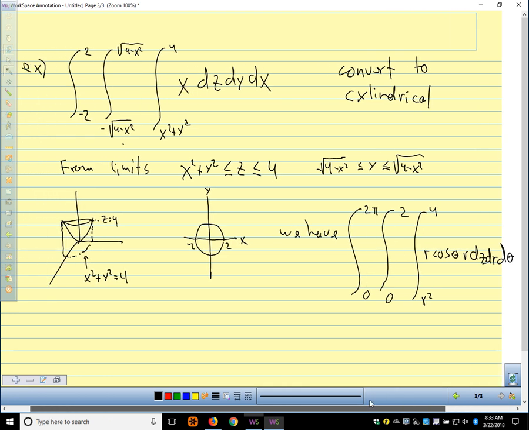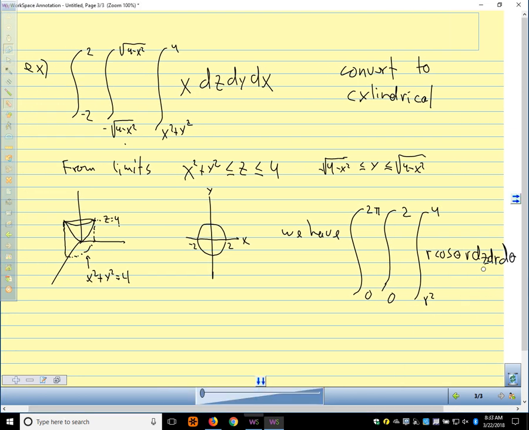All right, now let's solve it though. Well, let's use our encyclopedic knowledge of applications of triple integrals to evaluate this without doing any calculus.